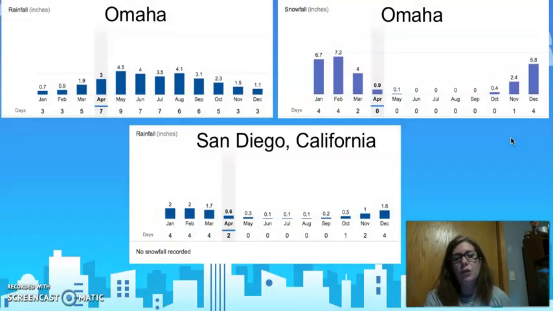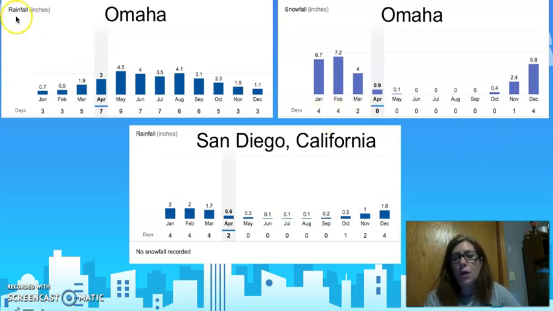Another thing they measure is precipitation. Now remember, precipitation can be rain, it can be snow, sleet. So there are different types of precipitation. And you'll notice that I have two graphs here for Omaha, and there's only one graph for San Diego.